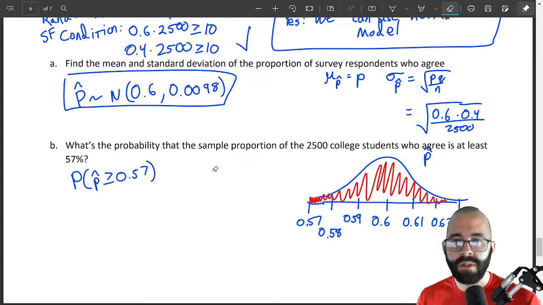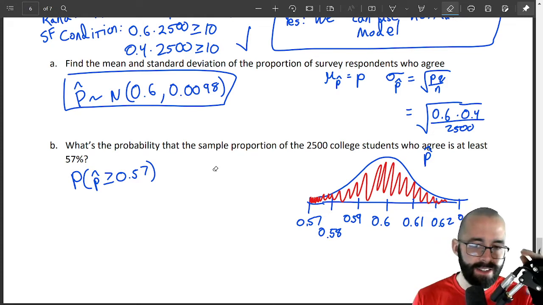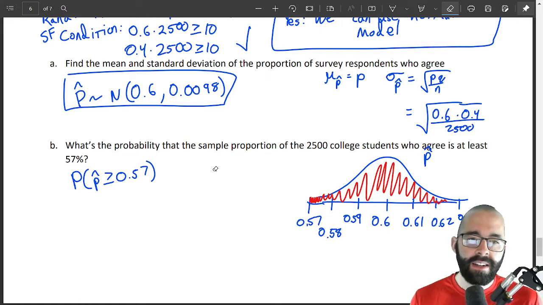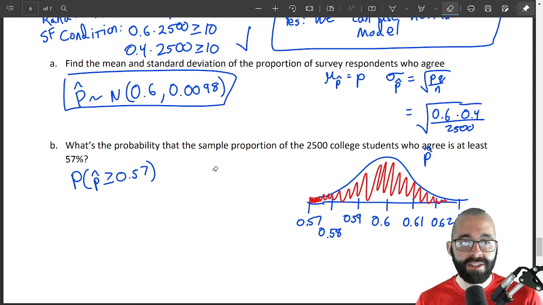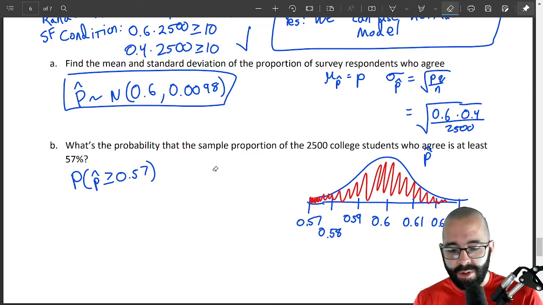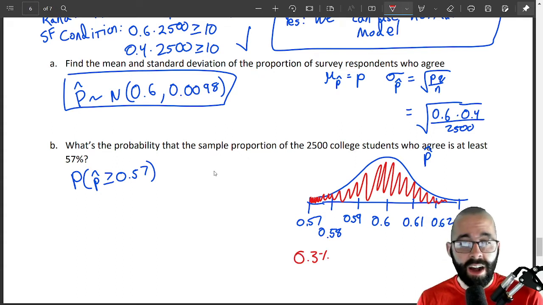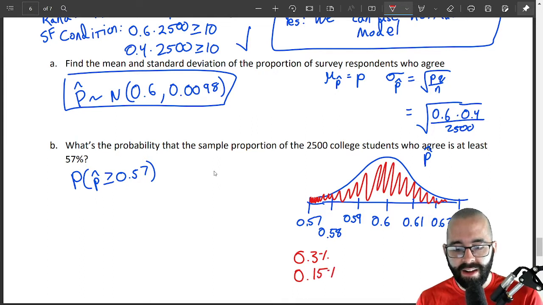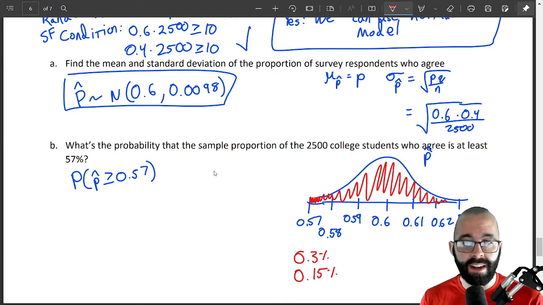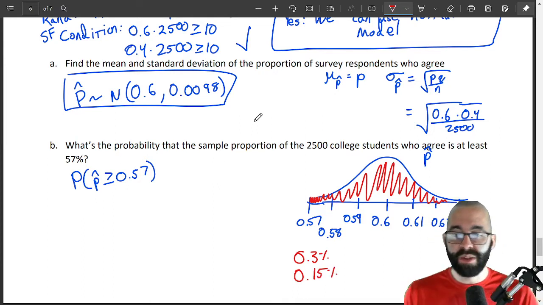The empirical rule, 68, 95, 99.7%, says that about 99.7% are within 3 standard deviations of the mean, which means about 0.3% are outside 3 standard deviations from the mean, and we're only looking at half of that. So I'm expecting it to be about 0.15%.